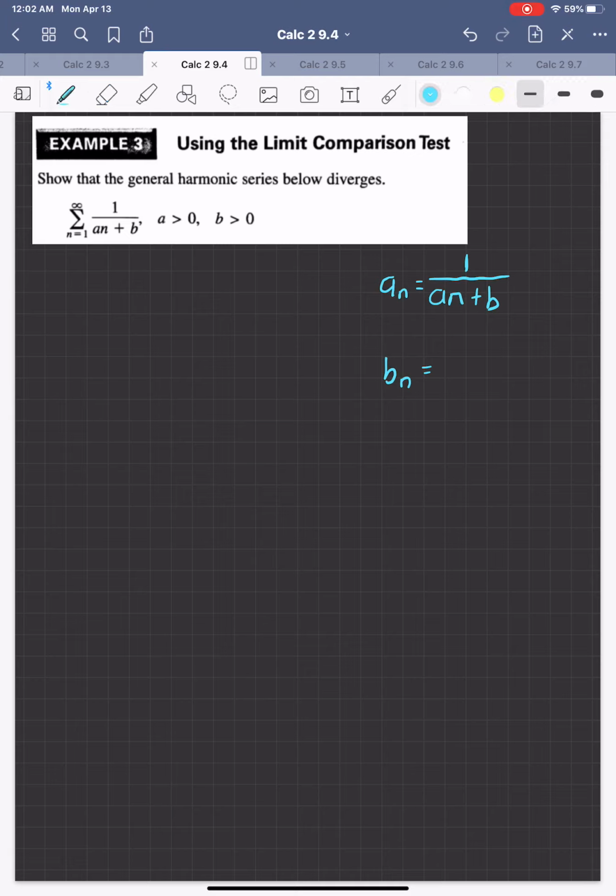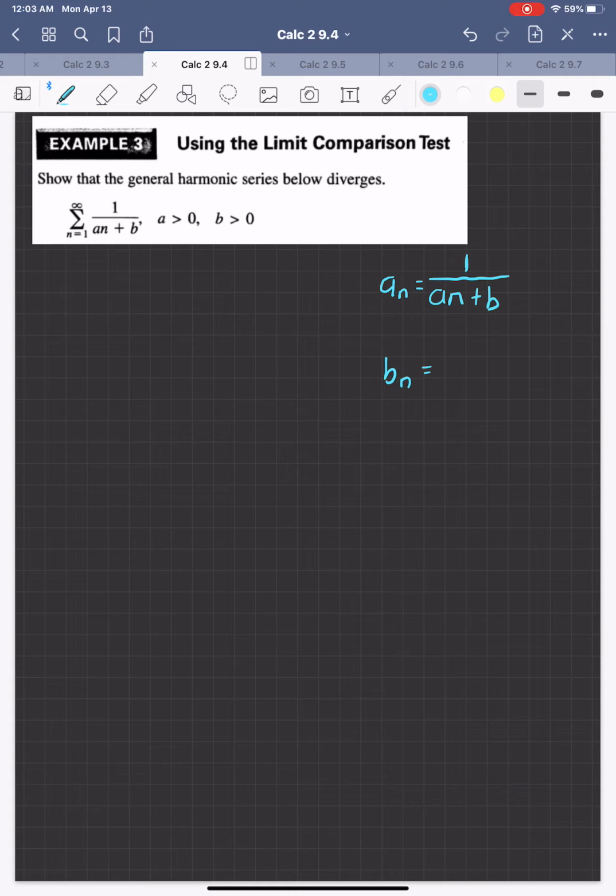So what should we compare it to? Well, this is: show that the general harmonic series below diverges. Well, this is a harmonic series, right? Because if we think about it, let's actually write the harmonic series. The harmonic series is just a special type of P series when P is equal to 1.